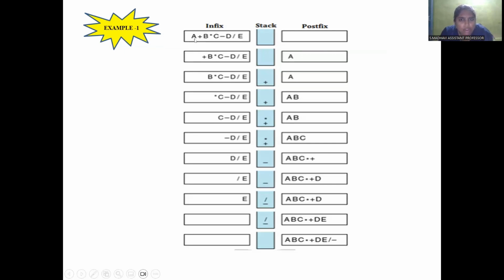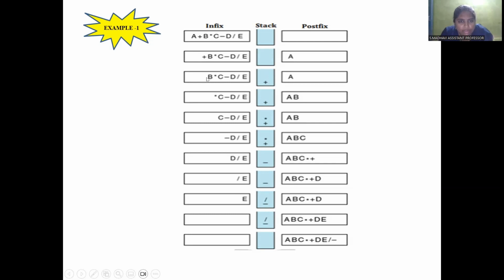A is an operand. According to the algorithm, if it is an operand, we have to push it onto the postfix. So A is pushed onto the postfix. Next, we read the second character, which is plus.